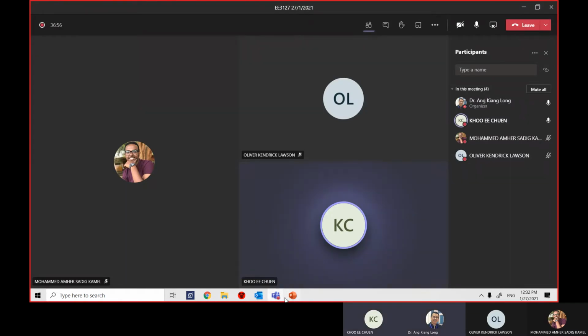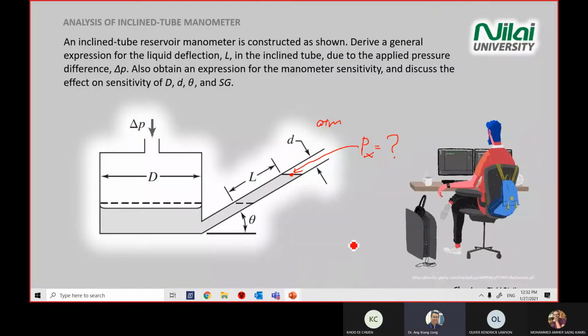Yeah, what is the answer for the question I just showed you just now? The slides on the screen here. What is the value at that particular point? I label it as X. What is the pressure at this point? X. What is the gauge pressure?